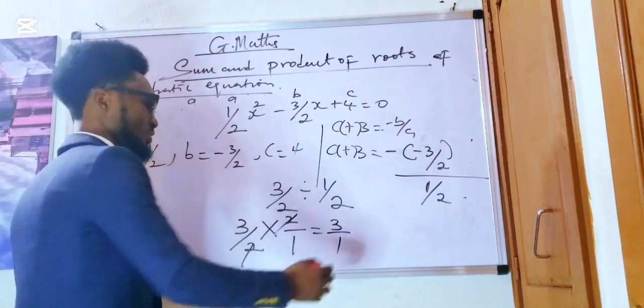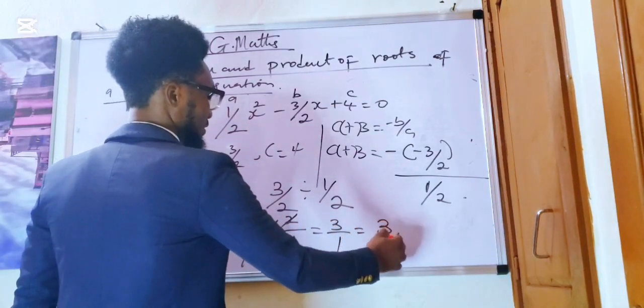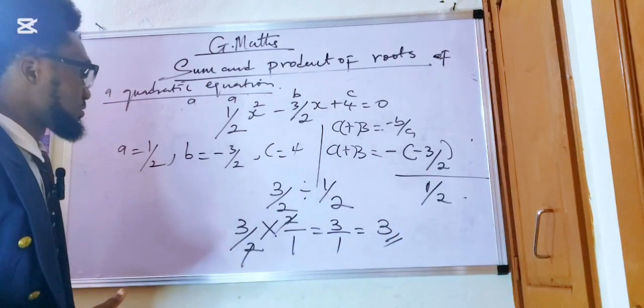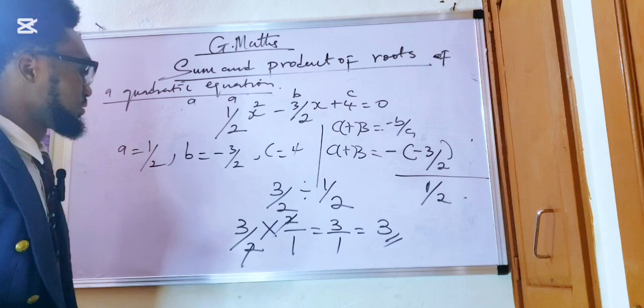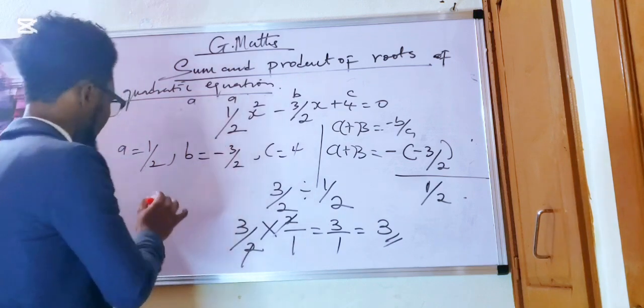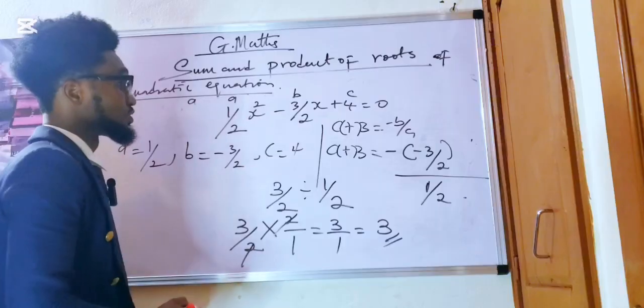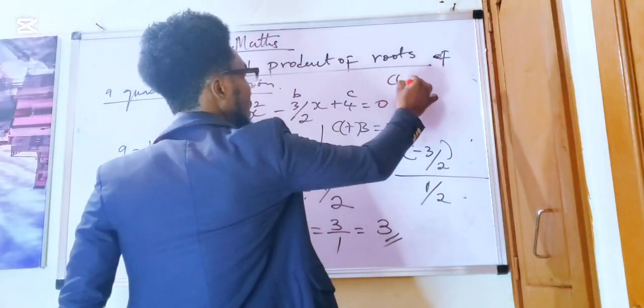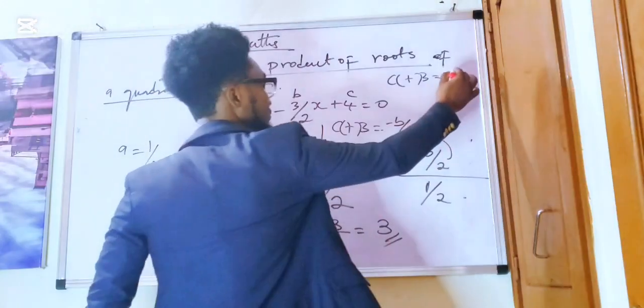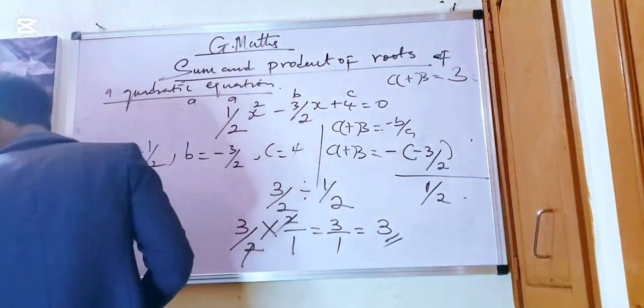And of course, 3 over 1 is the same thing as 3. So it's that simple. In that case, the sum of roots, which is alpha plus beta, is 3. So we can write it here. Alpha plus beta is already determined as 3. So we put it down.